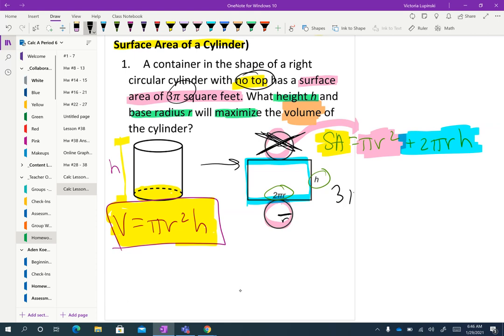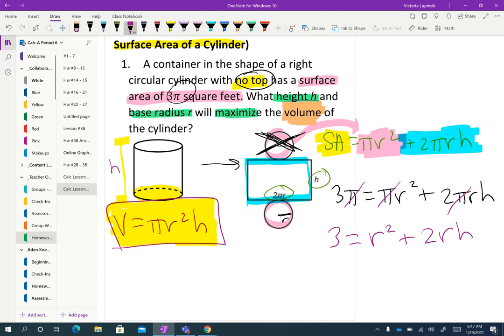So I'm going to say 3 pi is equal to pi r squared plus 2 pi r h. There's some very good and hopefully obvious news, the fact that everybody has a pi. So I'm going to just get rid of those. So 3 equals r squared plus 2rh.